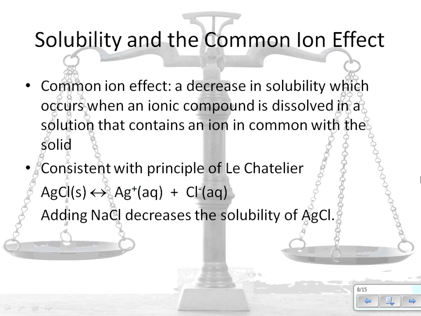If I add NaCl to this, what's the common ion in both cases? The common ion would be chlorine, right? So because of that, if I add sodium chloride to this system, that means I'm adding chlorine.